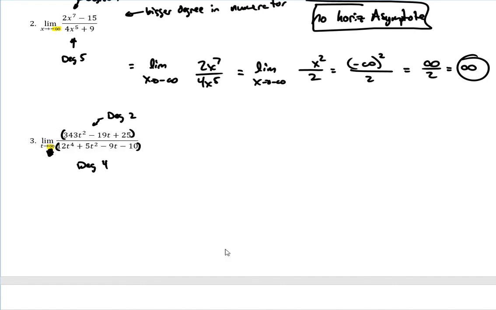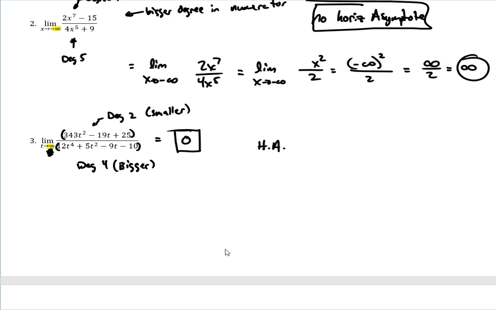And so degree 2 versus degree 4, since the smaller degree is up top and the bigger degree is down below. So 4 is bigger. So the bigger degree down below means that instantly this is 0.